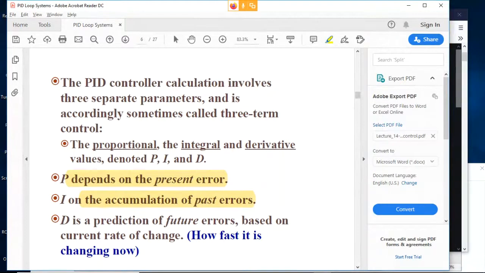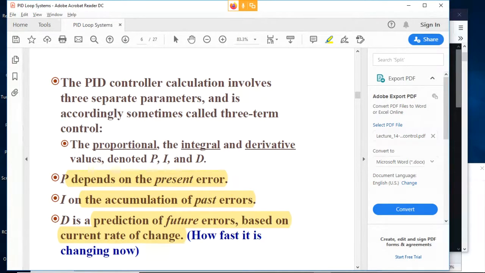If your past errors are all zero, so you're right where you want to be, then the integral isn't doing anything. But if you're not where you want to be, it remembers, hey, I wasn't there last time, I'm not there now, and I haven't been there for 10 minutes, and it keeps adding that up. And then the derivative is trying to predict how fast we're changing.